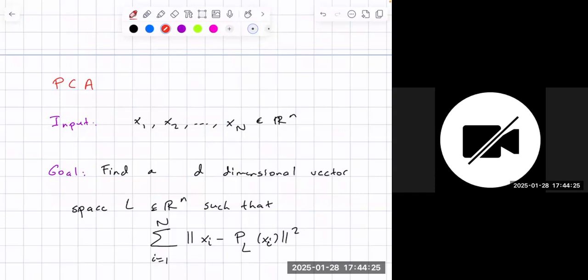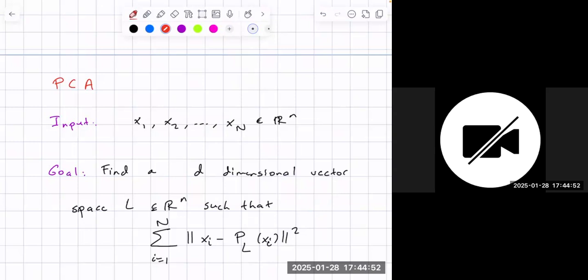N is where your data lives, the number of features it's got, and D is something you get to pick yourself. I want to reduce the dimension of my data from this big one to a small one. What I want to do is find something like that plane. It was 2D. I want to find the best D-dimensional fit to my data.